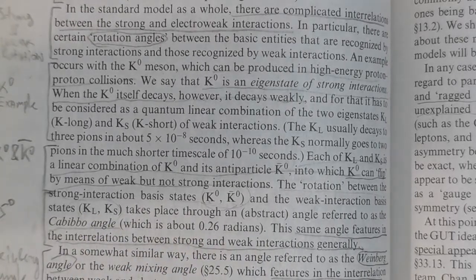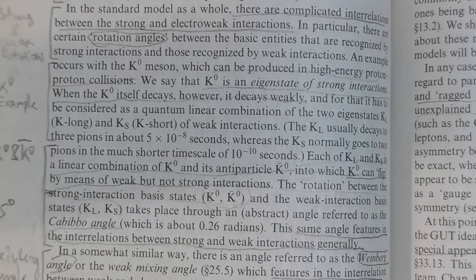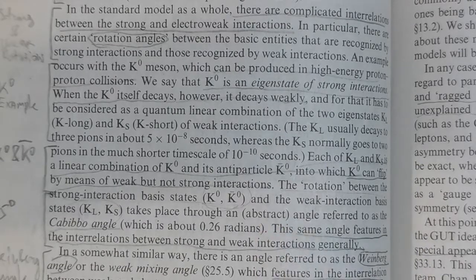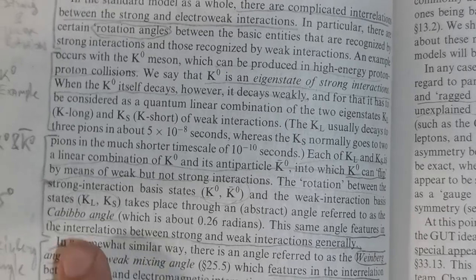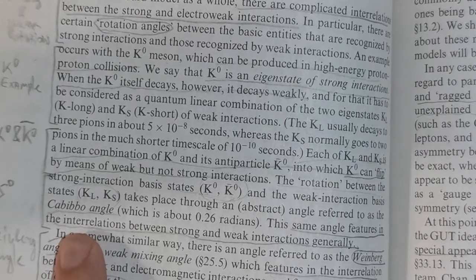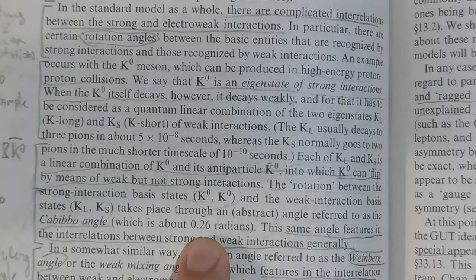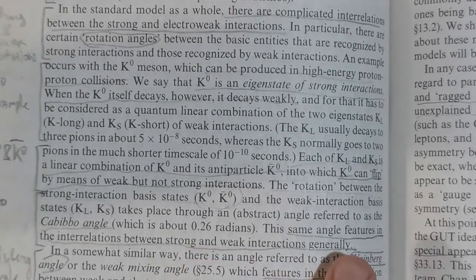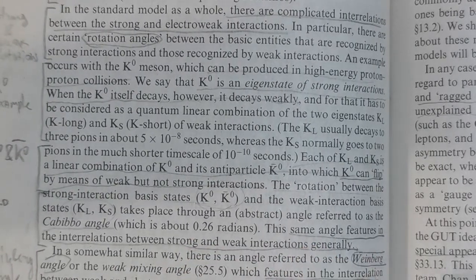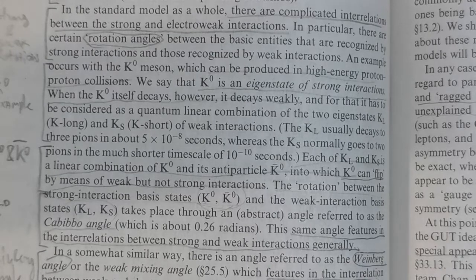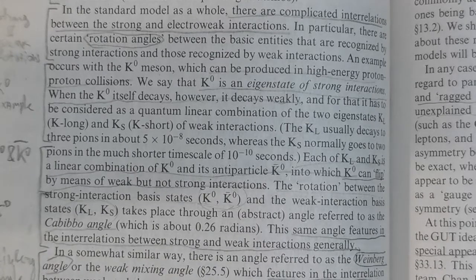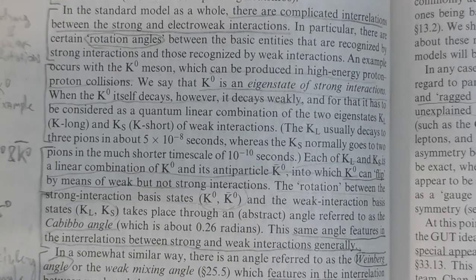The same angle features in the interrelations between strong and weak interactions generally. So it doesn't depend on the particular particle we have used in the example. For other mesons in which we have interrelations between weak and strong force, we will observe the same angle. It's encoded into the relationship between strong and weak forces.